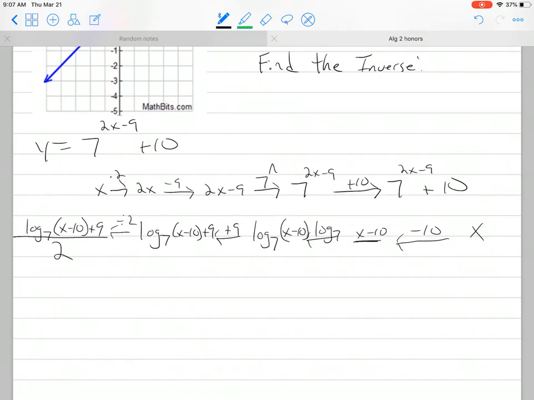So if this was, and I guess I probably should have written this like so, this is f of x. You might want to change yours. The inverse is log base 7 of x minus 10 plus 9, all divided by 2.